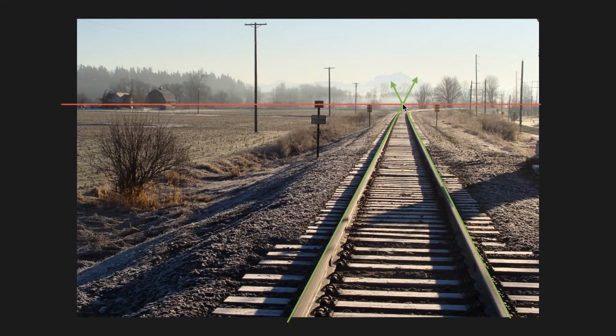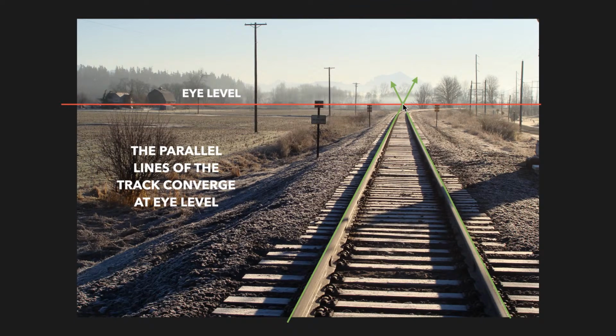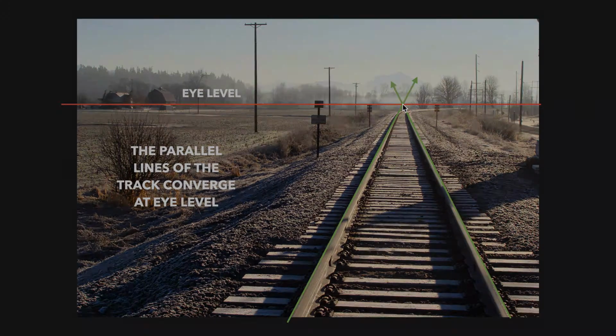Where that crisscrosses, that is my eye level. If I were standing there and had a laser level out of my eyeball, my eye in this image would connect with the landscape. The parallel lines of the track converge at eye level, and that spot where they crisscross is called the vanishing point.